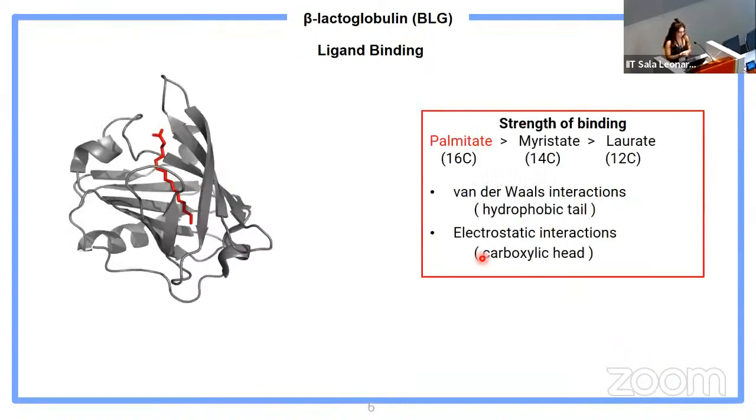The ligand binding strength depends on how long its aliphatic chain is, being that approximately longer ligands have a stronger binding.